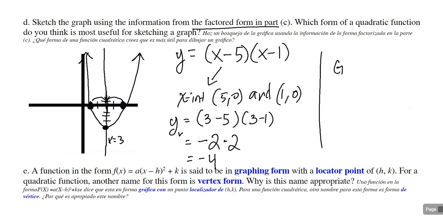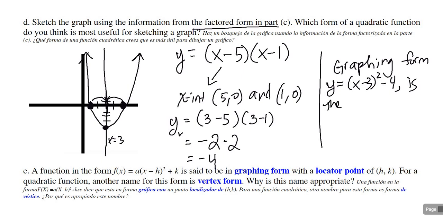Graphing form, in this case it would be y equals x minus 3 squared minus 4, is the most useful?